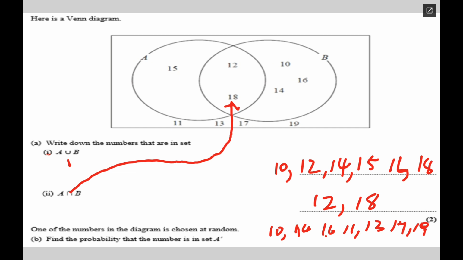That's 1, 2, 3, 4, 5, 6, 7. So it's 7 out of 10.